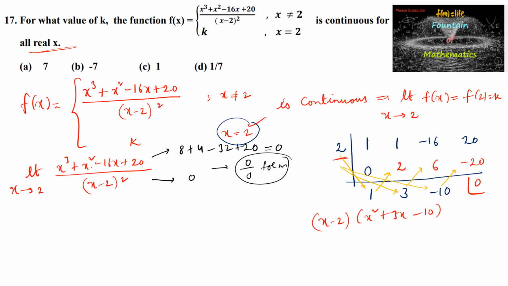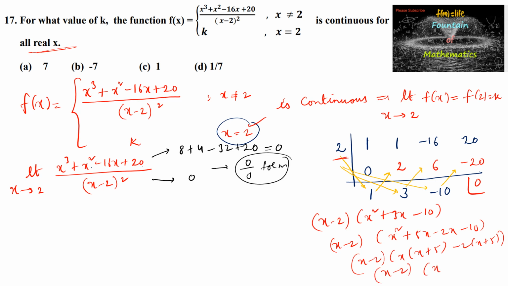So let us factorize it. x minus 2 into x square plus 5x minus 2x minus 10, or x minus 2 into x of x plus 5 minus 2 times x plus 5. So we can write x minus 2 into x minus 2 into x plus 5.